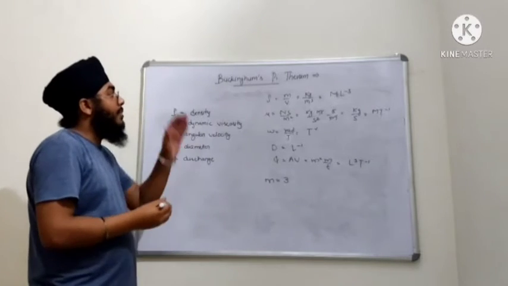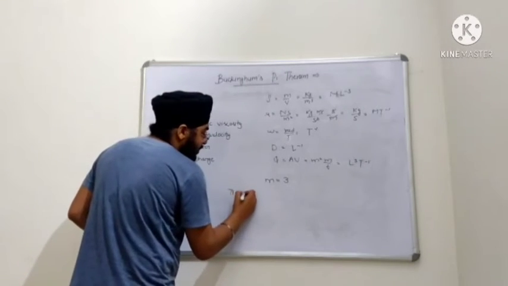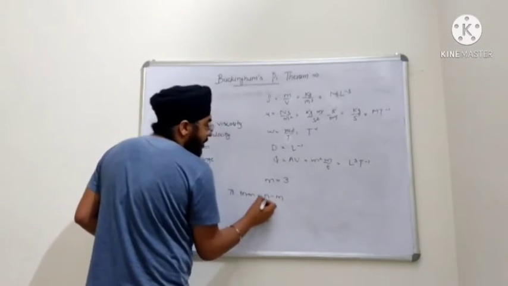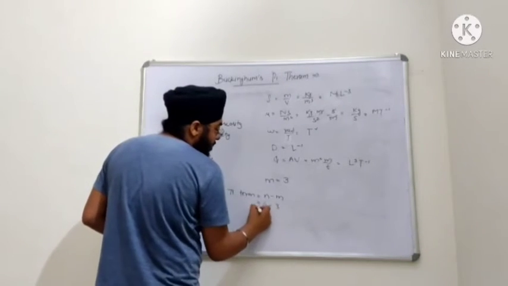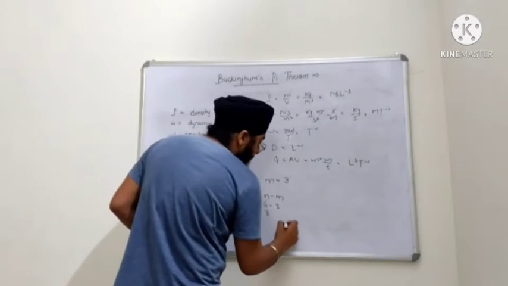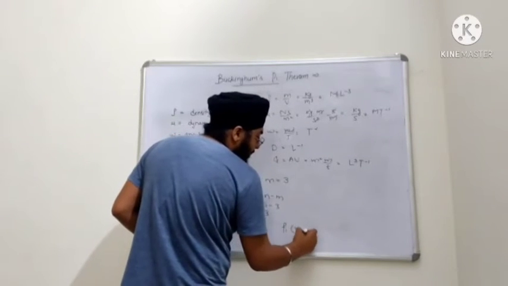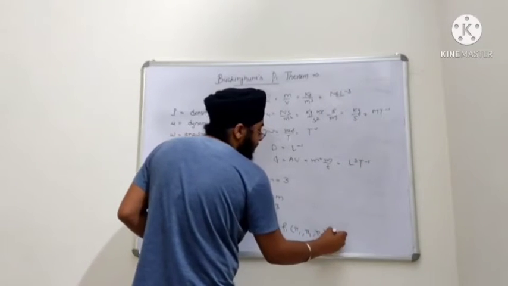Now what Buckingham's pi theorem states is number of pi terms will be equal to n minus m. So here we had n is equal to 6 and m is equal to 3. So number of pi terms will be 3, which is pi 1, pi 2, pi 3, and we will get a function f1 of pi 1, comma pi 2, comma pi 3 equal to 0.